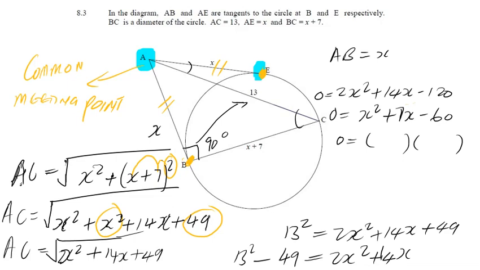What are the factors of 60? If it's not 2 times 30, then what? Remember, 6 times 5 is 30. 4 times 15. Will 4 and 15 give you 7? 15 minus 4, will it give you 7?